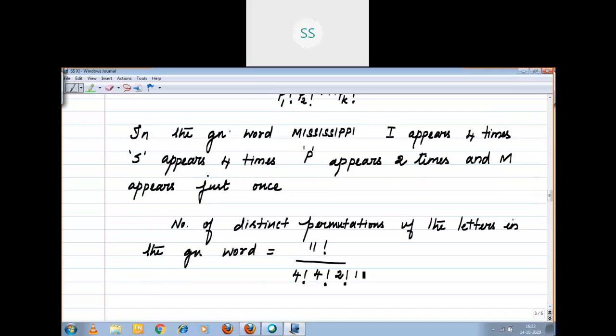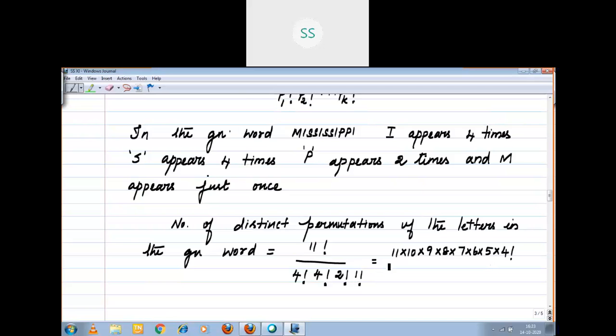When you count, you will get it as 11. So n can be replaced by 11 factorial. P1 can be replaced by 4 factorial, P2 4 factorial, P3 2 factorial and pk, that is the last term, 1 factorial, right?